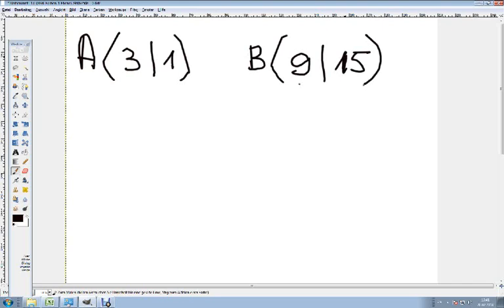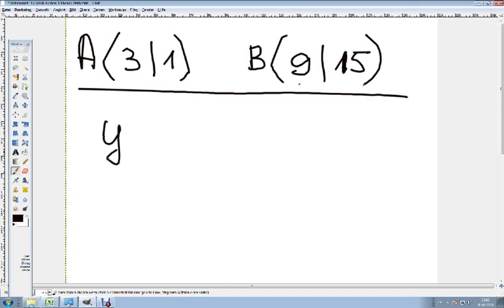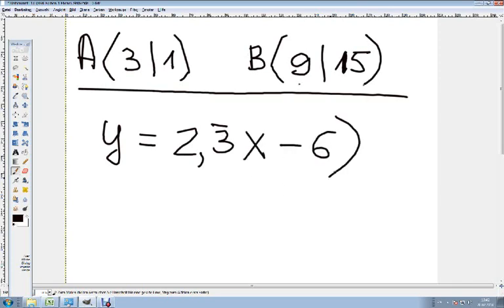You can pause the video, press the space key now and try to calculate the equation for the line alone. I give you here the result: y equals 2.67, or 8 over 3 even, x minus 6. It is my result here.